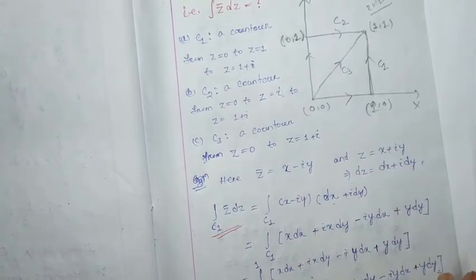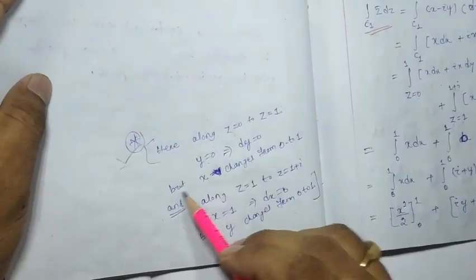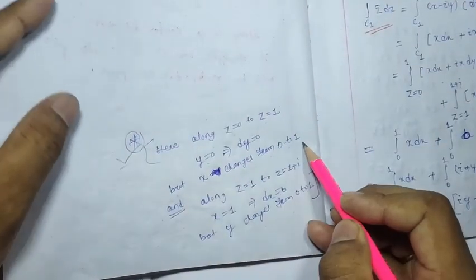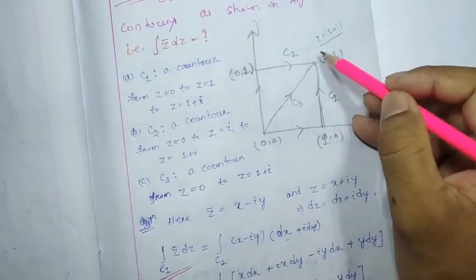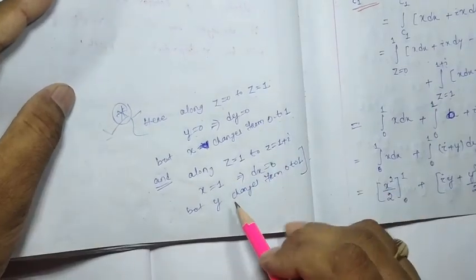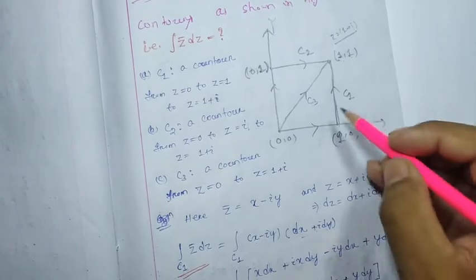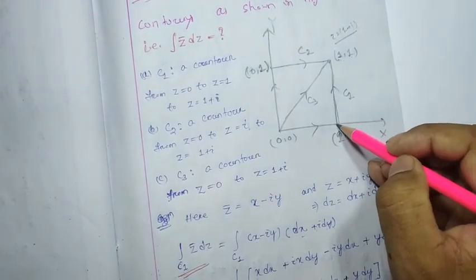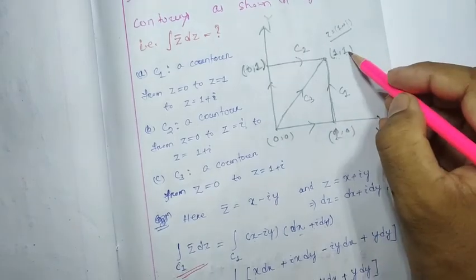So if y value is 0, dy equal to 0, but x changes from 0 to 1. Now from z equal to 1 to z equal to 1 plus i, along this line, which one changes? y changes, but x value is how much? x value is 1 throughout this line, from here to here. However, y changes from 0 to 1, right?